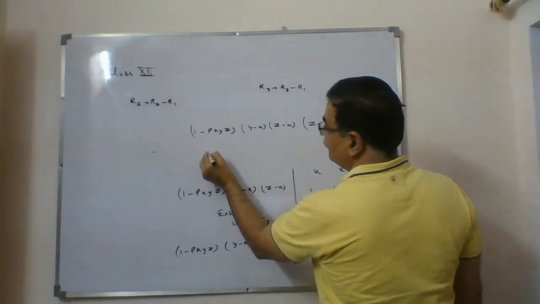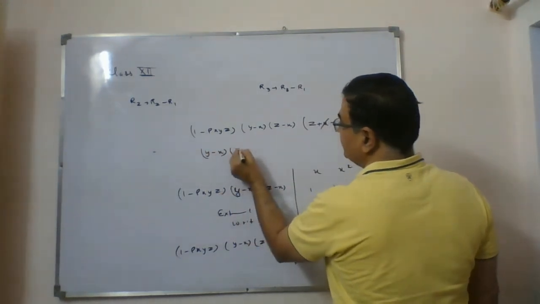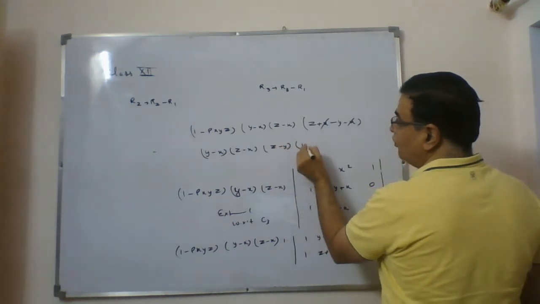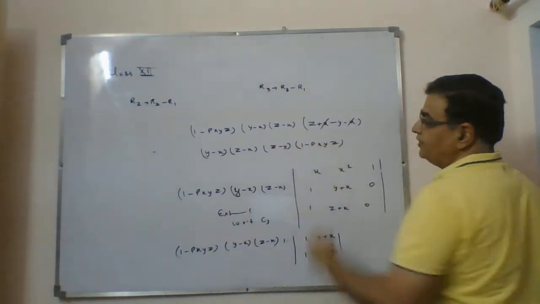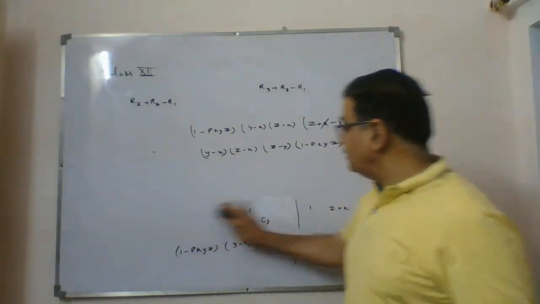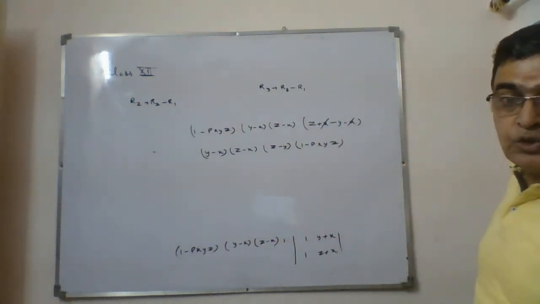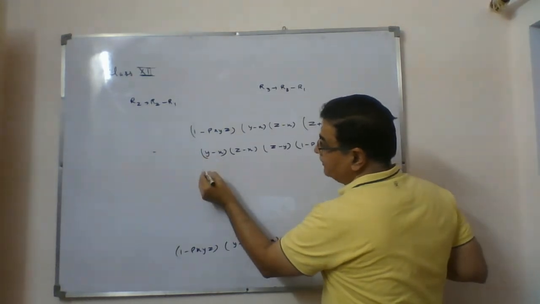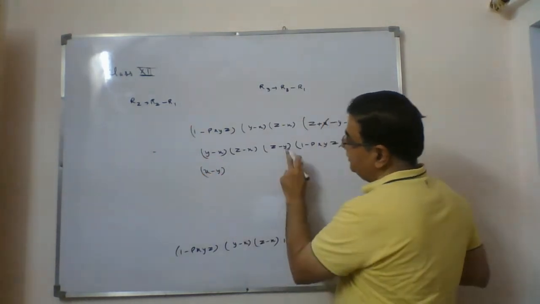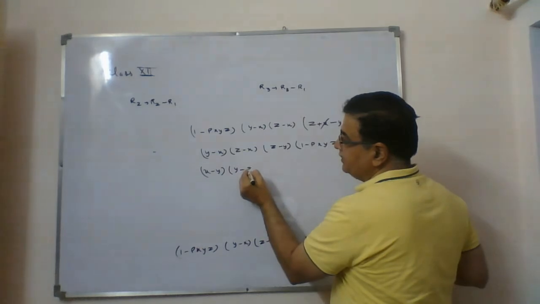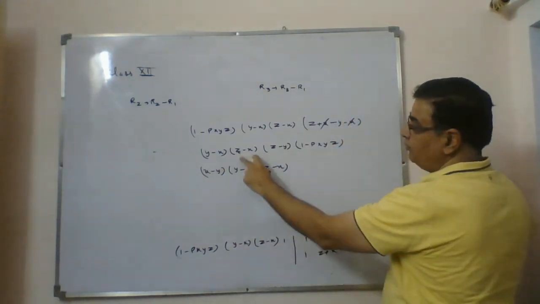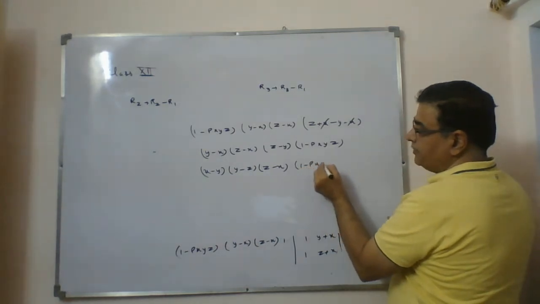Left is what? y minus x, z minus x, z minus y, 1 minus pxyz. And now further we solve. I told you cyclic order must be there. So when you go for cyclic order, 1 minus here, so x minus y, 1 minus here, y minus z, z minus x, so plus will come because minus, minus, 1 minus pxyz.